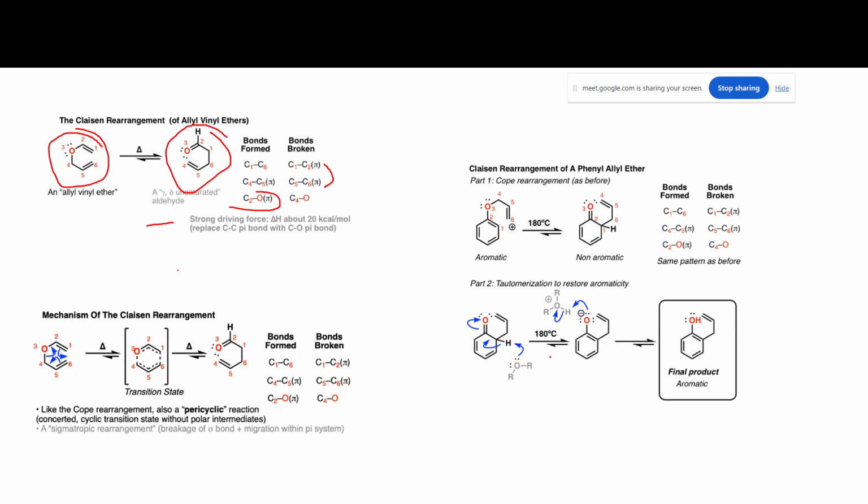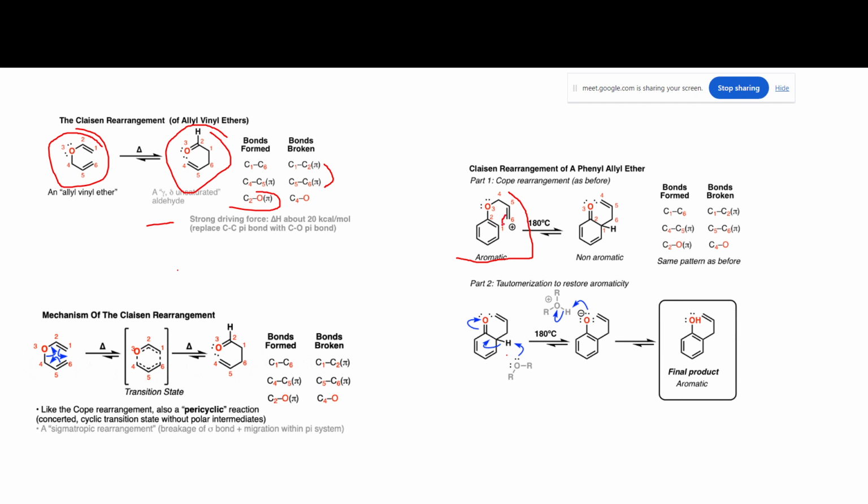So what will we get? This is an example with an aromatic group, which helps with this O. So what will happen?